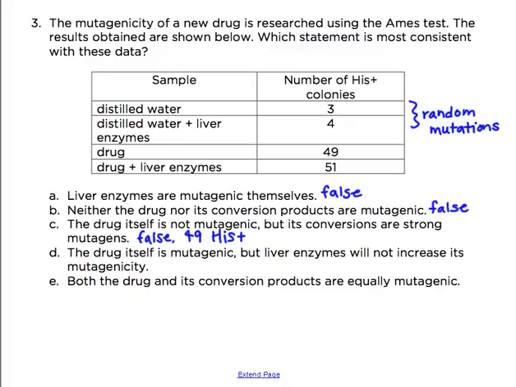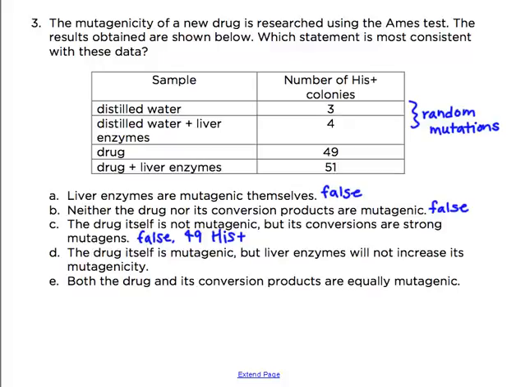Statement D says the drug itself is mutagenic, but liver enzymes will not increase its mutagenicity. So you see the drug and the drug plus liver enzyme data are fairly close. You have 49 and 51. So statistically speaking, those are basically even.